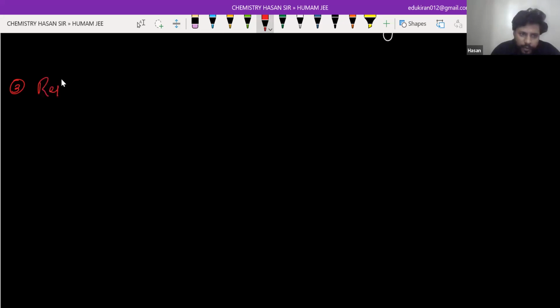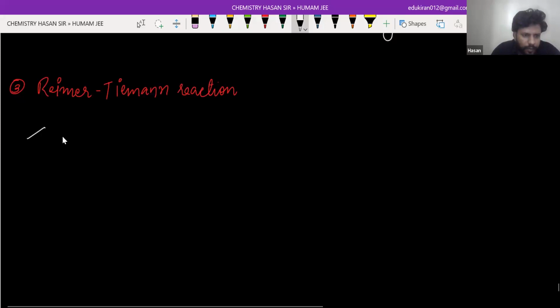Okay, the third reaction, Reimer-Tiemann reaction. Very important it is also. First, what you are going to do, this is a chemical reaction of phenol.